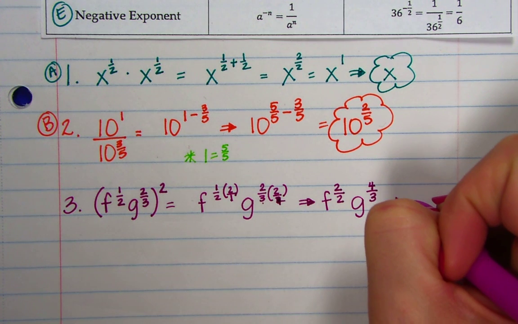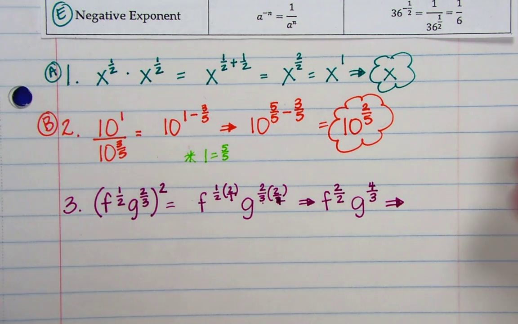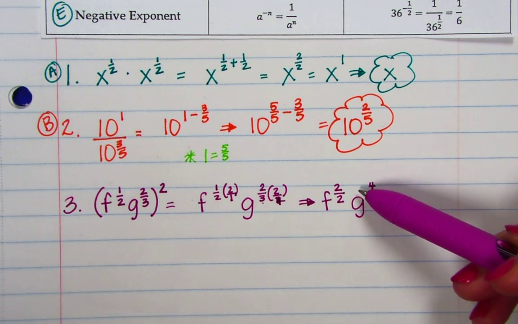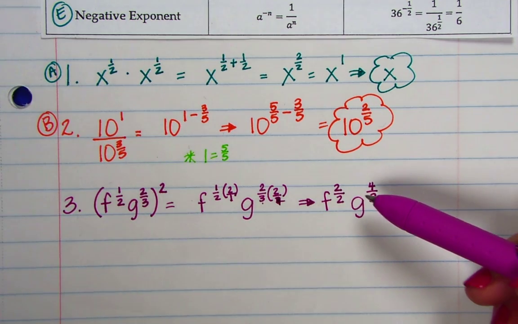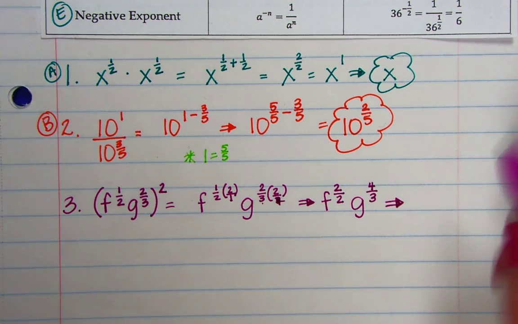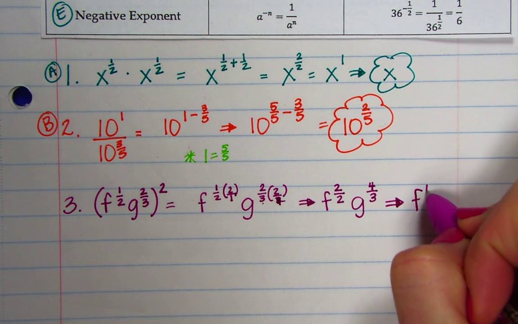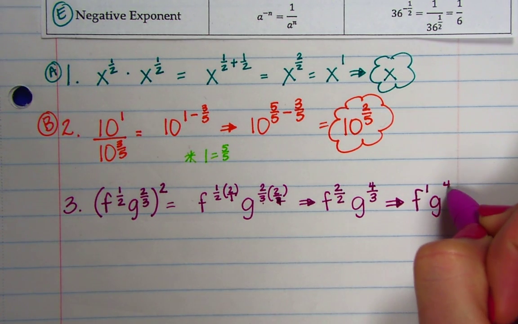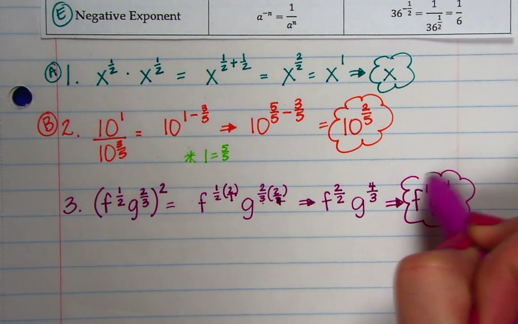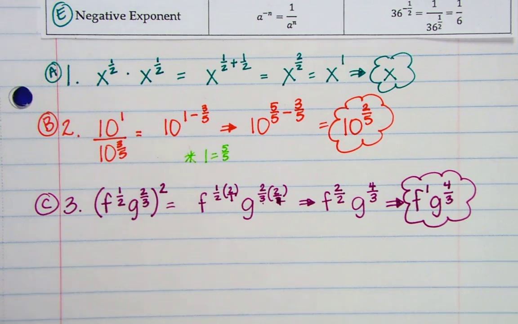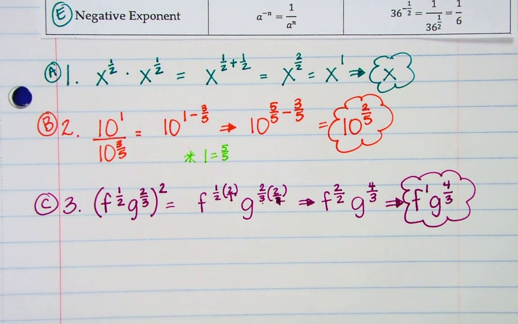On the practice that I gave y'all, I put an answer bank so you know what you're looking for, but I'm never going to have 2/2. It will be reduced. You really don't even have to put the 1, but I'm going to put it there just so you know it didn't just go away. Sometimes I write things out in the notes just so that you know that it existed.